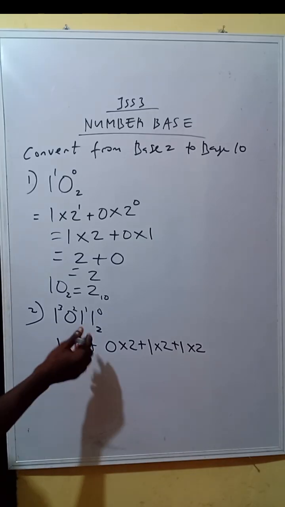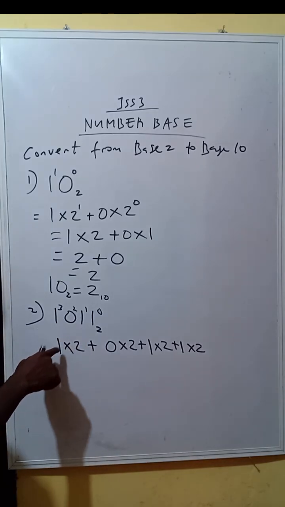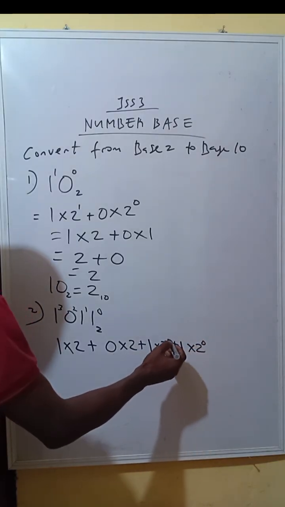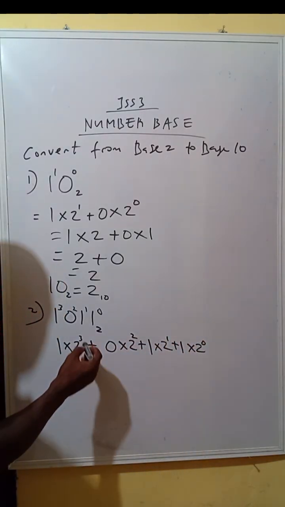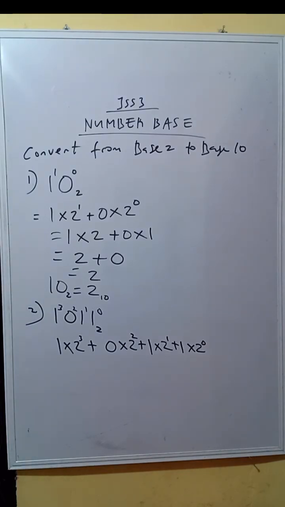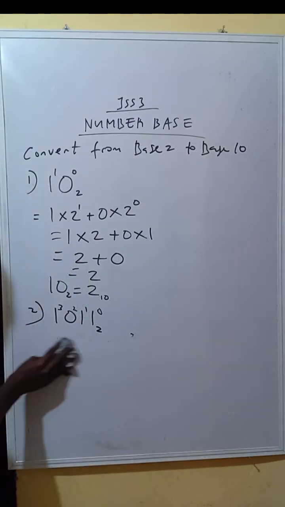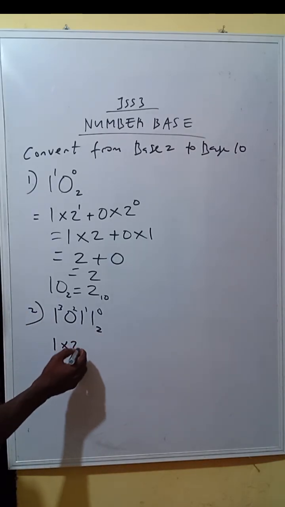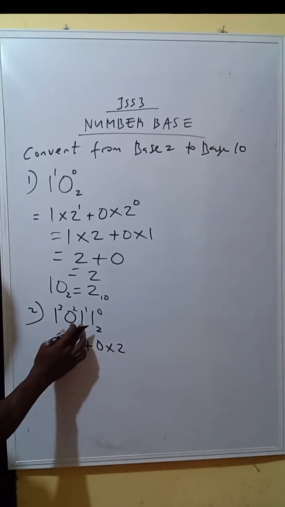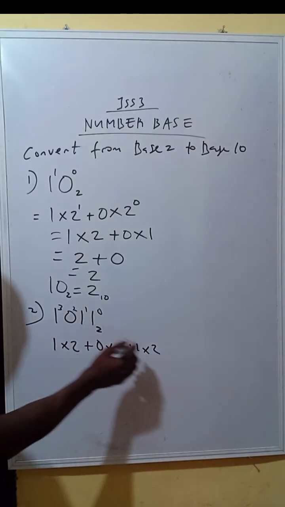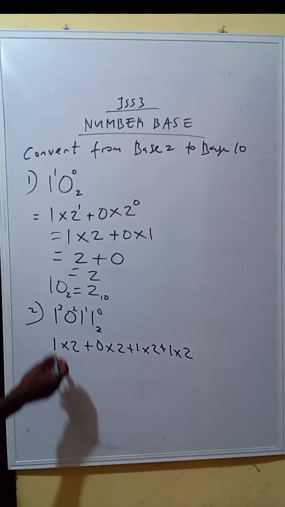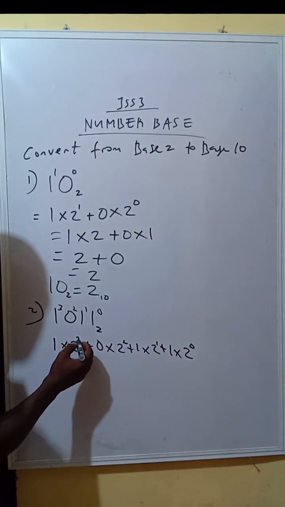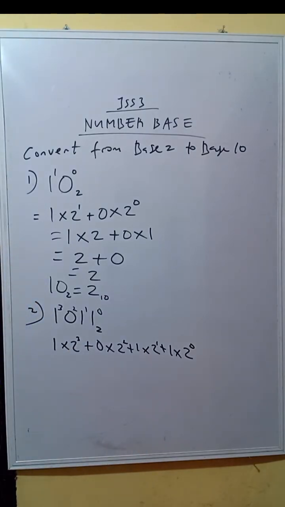So next thing, you number the 2s that you have here: 0, 1, 2, 3. Or you can do it this way. I'm trying to show you ways to recollect this. You can write 1 times 2 plus 0 times 2 plus 1 times 2 plus 1 times 2. Then you number the 2s: 0, 1, 2, 3. Please take note you are numbering the 2, the number 2.